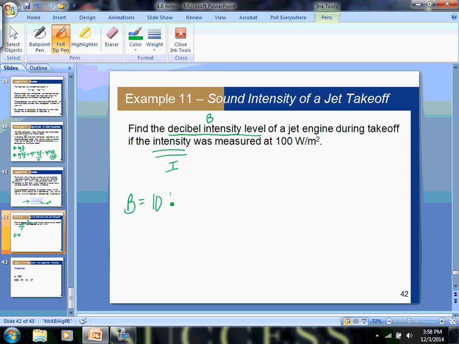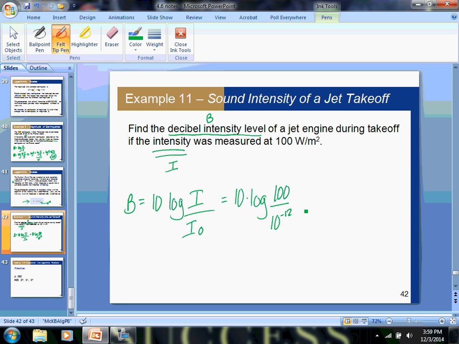So we have our equation. We have 10 log I over I sub 0, and we're solving for B. We're going to have 10 times the log of, now they told us I is going to be 100, and then our I sub 0 is 10 to the negative 12. That was on the previous slide, that information they gave us.